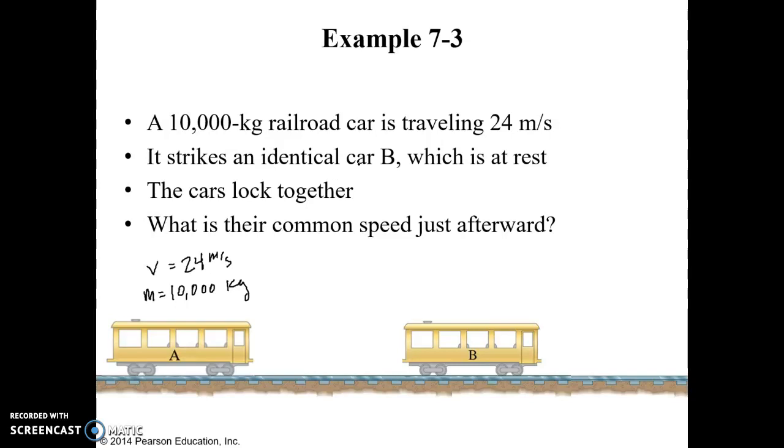It strikes an identical car B. So this also has a mass of 10,000 kilograms, but its velocity is 0. It's stationary. The cars are going to strike and lock together. What is their common speed afterwards? So v prime, the velocity after the two objects collide. What will it be?